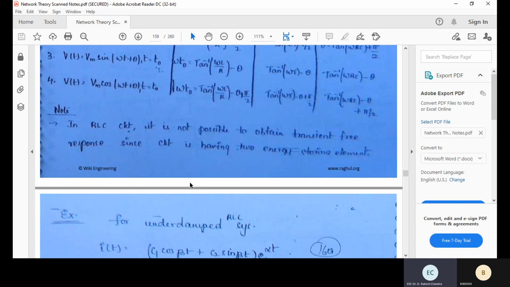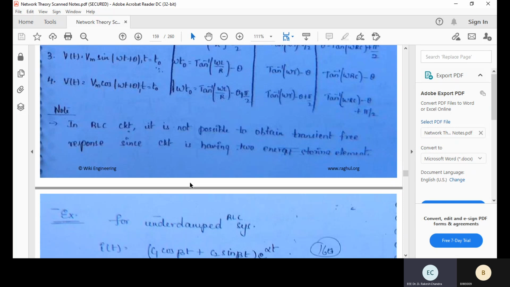We have seen the responses for under damped, over damped and critically damped systems. But a transient free response is not possible in an RLC circuit. Why? Because in a series RLC circuit there are two energy storing elements, inductor and capacitor, and energy can be exchanged from inductor to capacitor. So the transient free response will not happen in an RLC circuit.